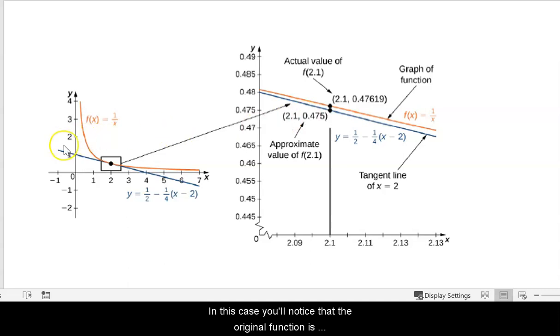In this case, you'll notice that the original function is decreasing at x equal 2, and that the tangent line is also decreasing there. In fact, their derivatives at 2 agree exactly on the value, which is negative 1/4, and they both have in common the point (2, 1/2).